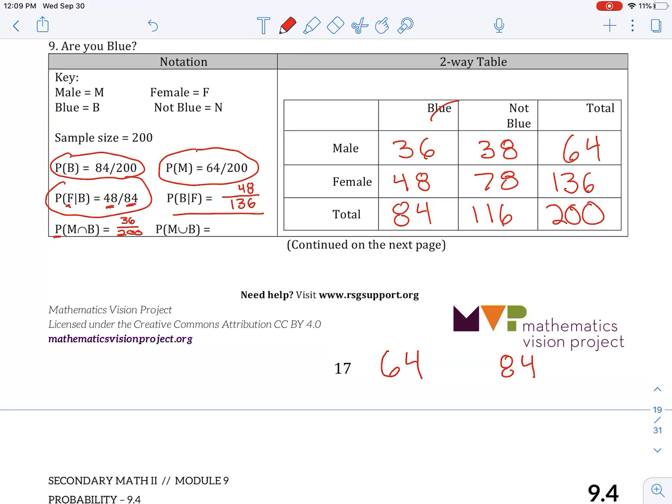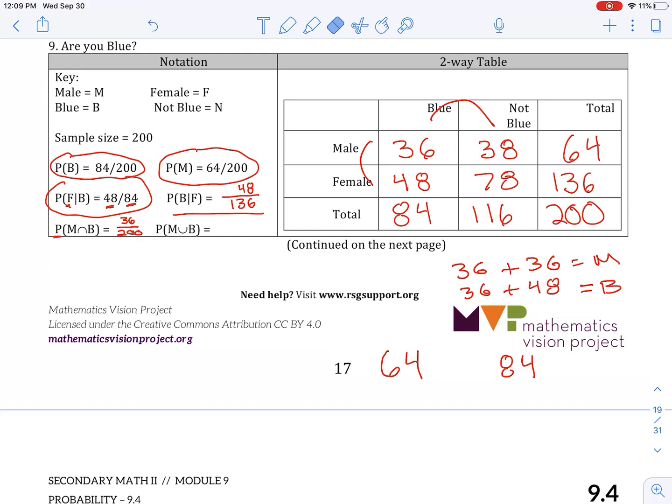So to get 64, it was these two added together. And to get 84, it was these two added together. So do you guys see how like the males was 36 plus 38? And then the blue was 36 plus 48.